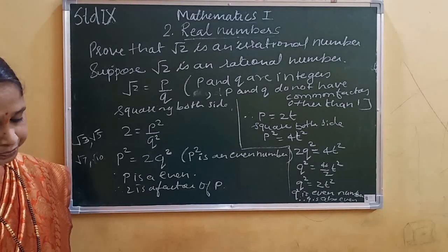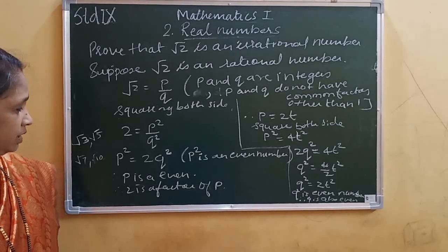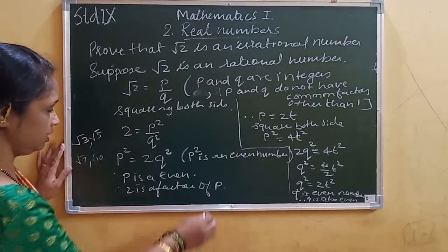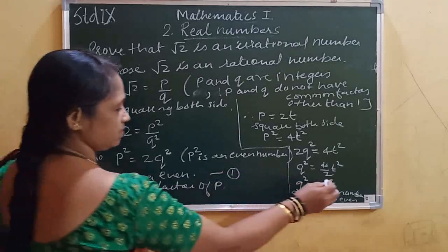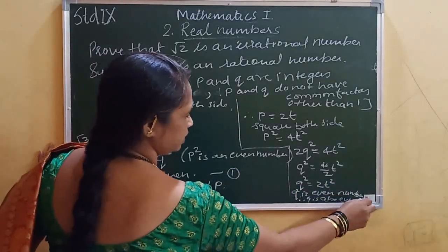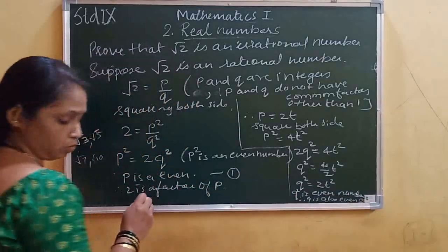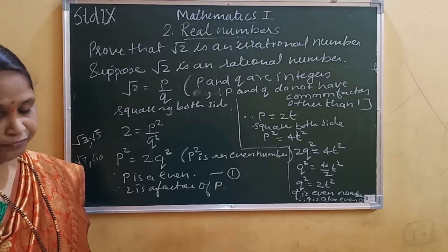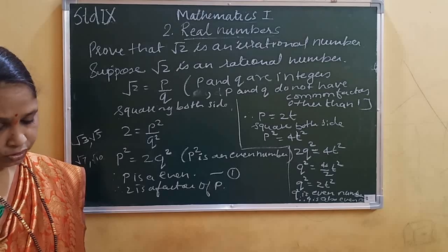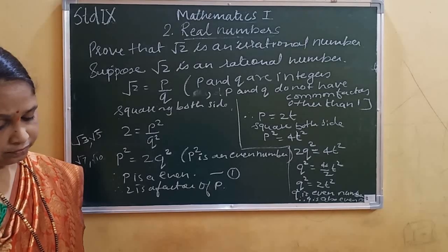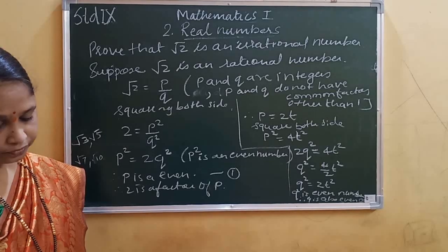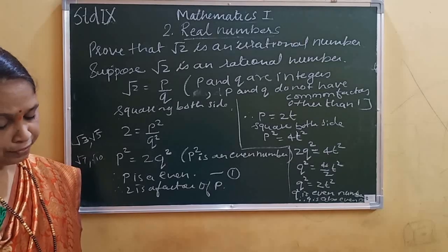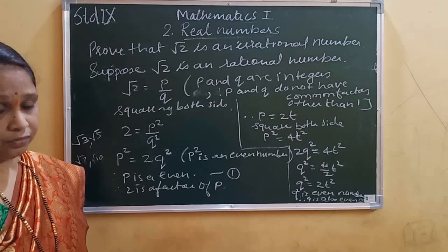From this we have got statements 1 and 2. So from 1 and 2 we have got that 2 is a common factor of P and Q both. Therefore, P upon Q, we assumed that P and Q have no common factor except 1.